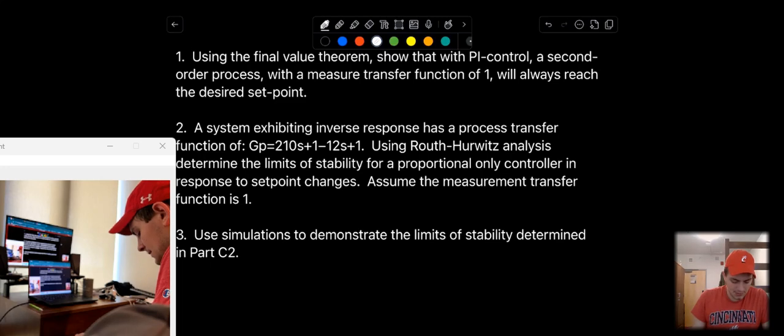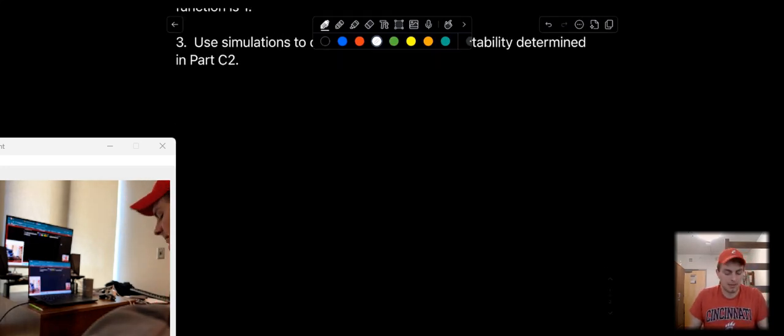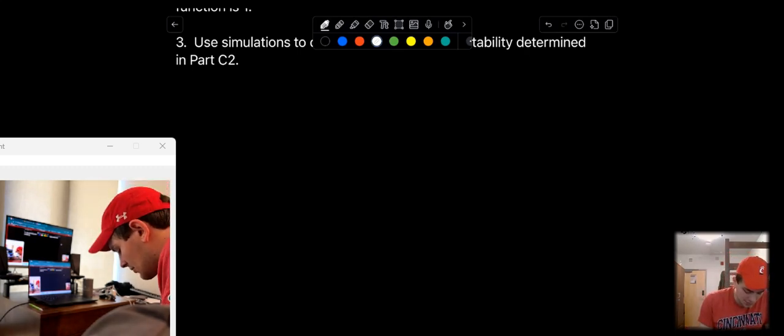So we got a lot of information in this, and it seems really complex. But first, I think it's going to be most important to define the final value theorem.